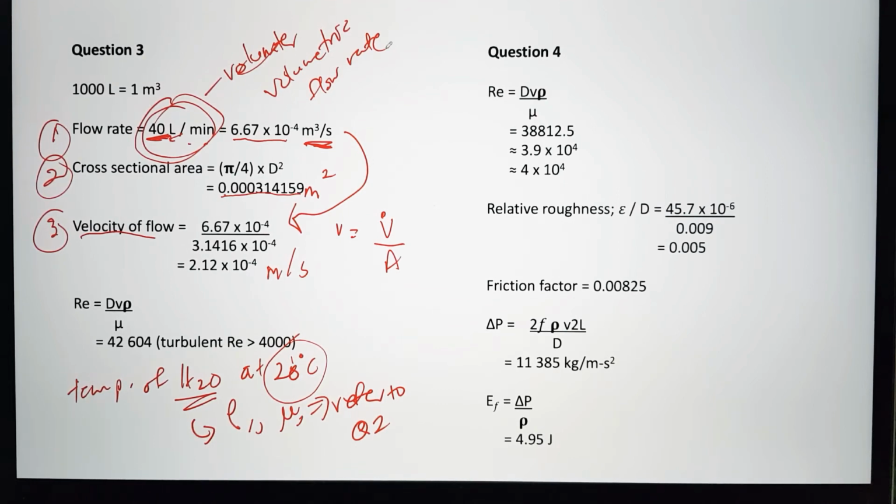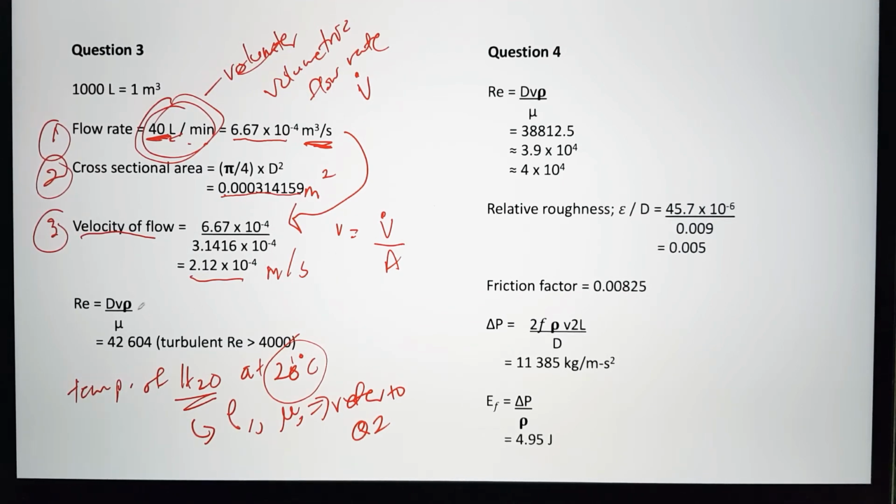V dot over A gives the velocity of the flow, 2.12 times 10 to the power of -4 meter per second.